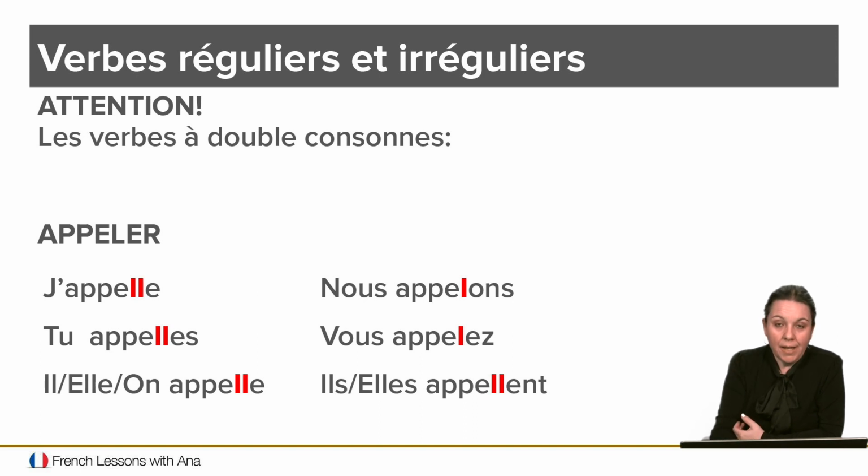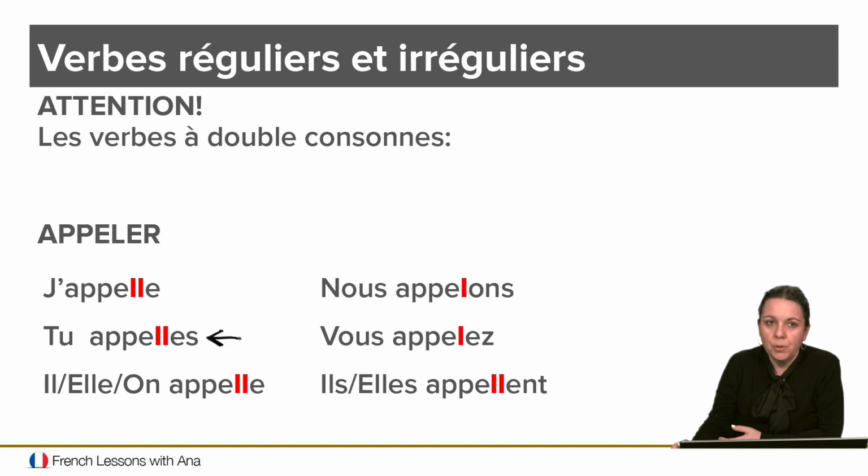And instead of putting an accent grave, in this case, we actually double the consonant like we did with prendre for ils and elles, that was prennent, all right? This follows the same rule. I need to pronounce this è, so instead of saying j'appele, it's going to be j'appelle. That is the reason why we double that L.